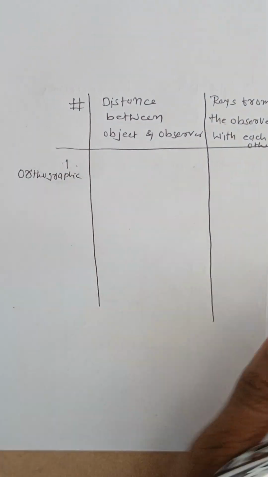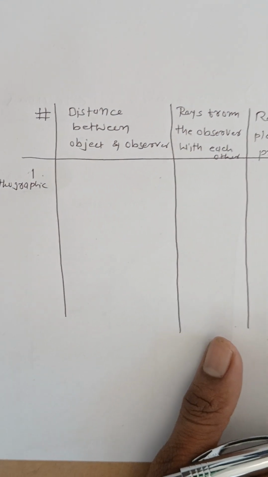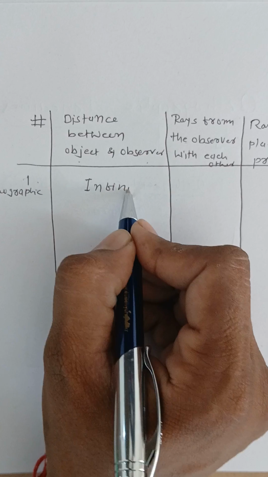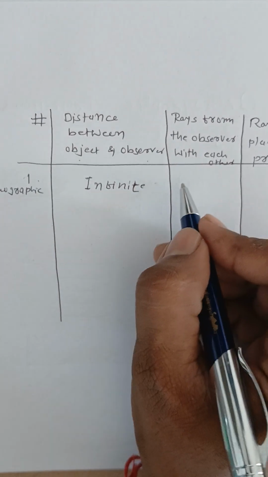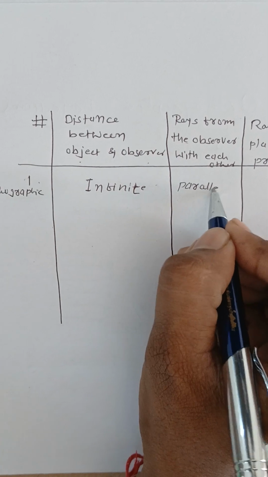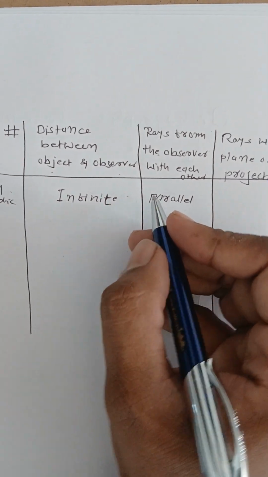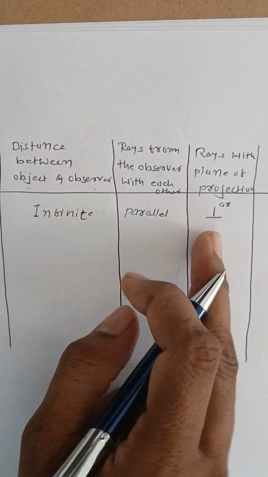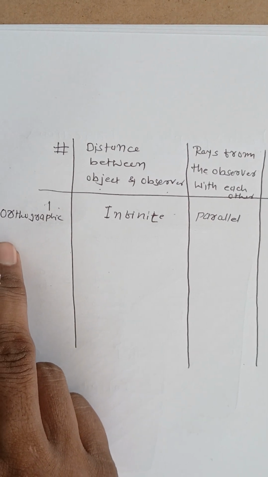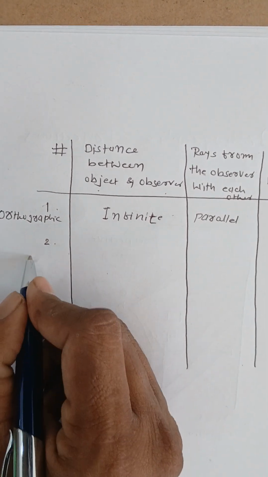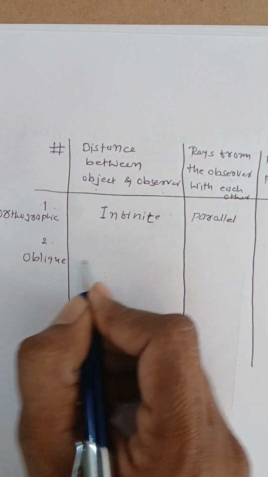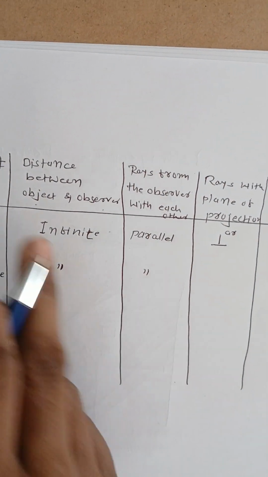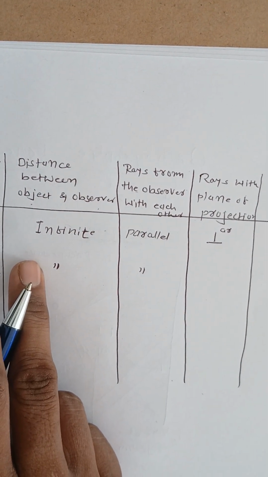In case of orthographic projection, the distance between object and observer is infinite. The rays are parallel with each other and they are perpendicular to the plane of projection, right? Such projection is known as orthographic projection. Second is oblique projection. The first condition is as it is, the second one is also as it is, meaning the distance between object and observer is infinite.